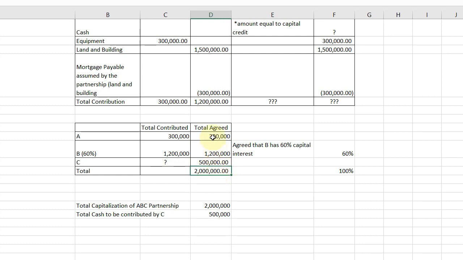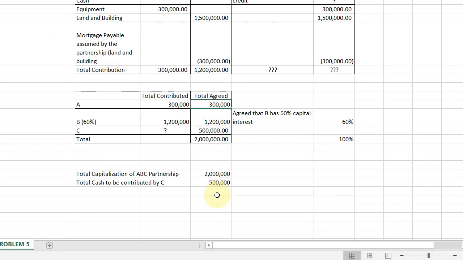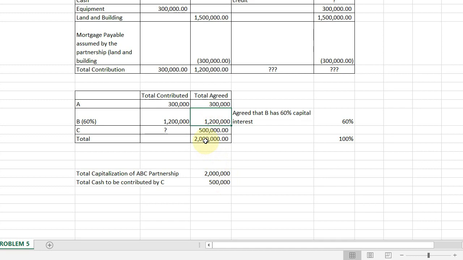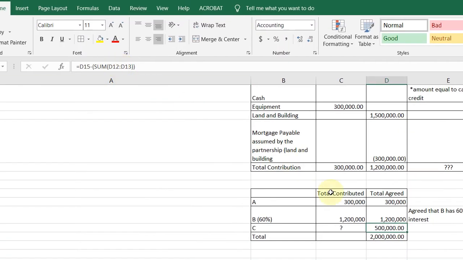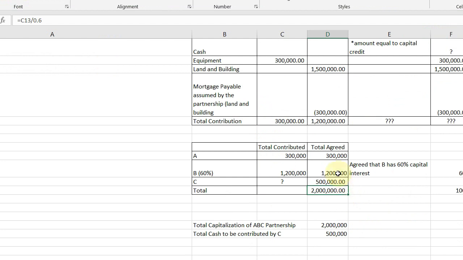So, alam mo na si A ay 300,000 ang kinontribute. Si B ay 1.2. Tapos, yung total daw ay 2 million. So, squeeze mo lang si partner C, magkano ang contribution? E di, 2 million minus 1.5. Ano kasi, 1.2 plus 300,000 is 1.5.